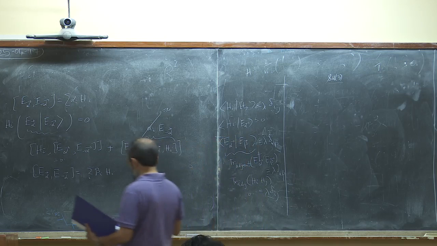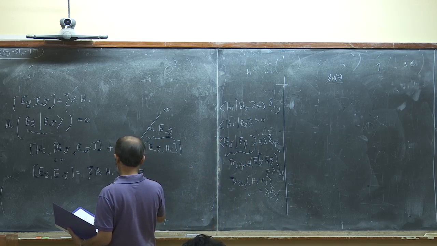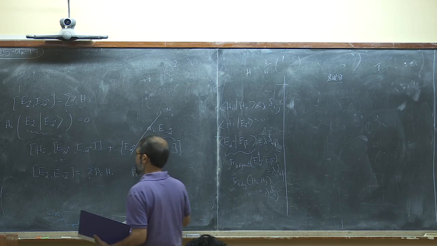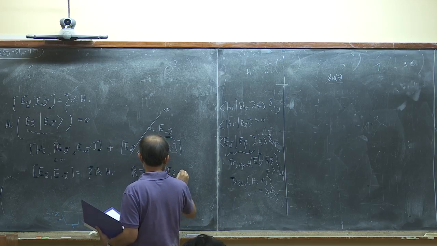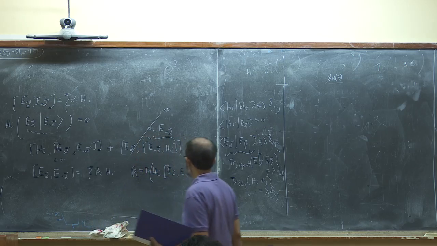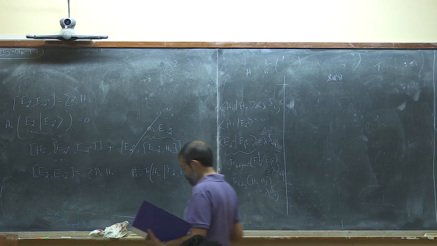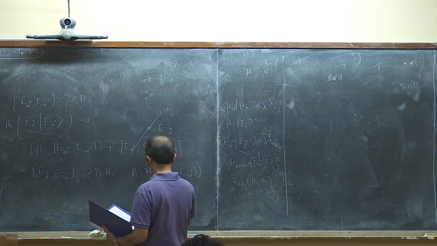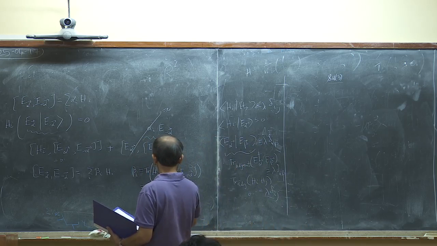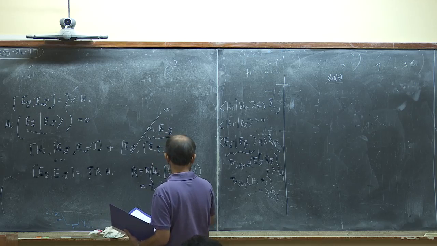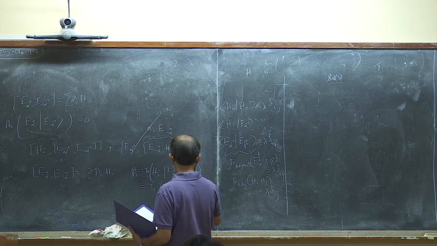So the beta I then would be trace of Hi, E alpha, E minus alpha, like that, and then you can use cyclicity of trace to make it into trace of E minus alpha, Hi, E alpha.